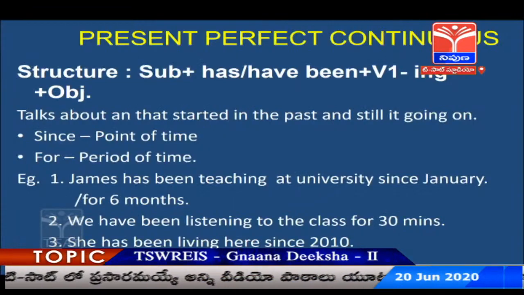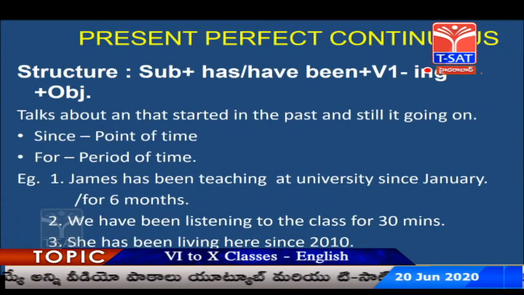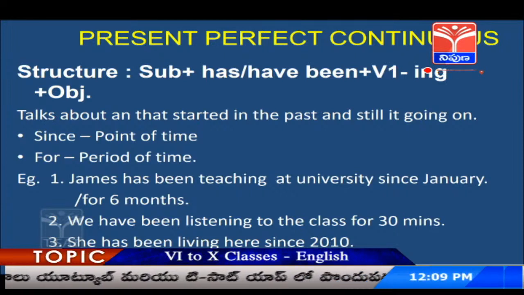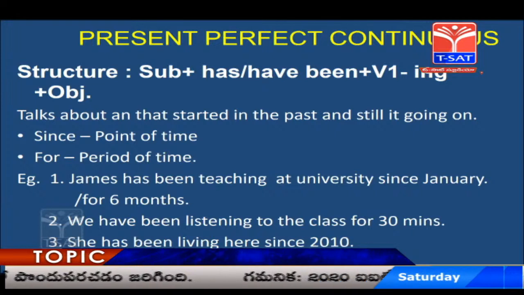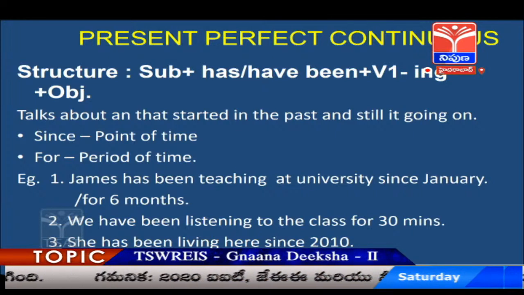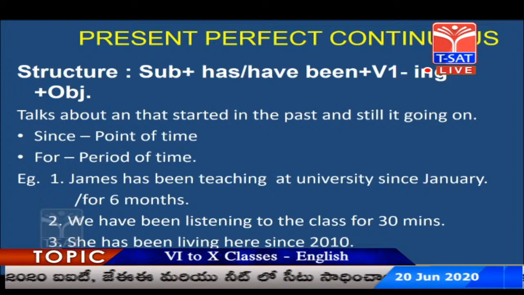So when you are talking about an action that started in the past, still it is going on, in that case we have to make use of present perfect continuous tense.